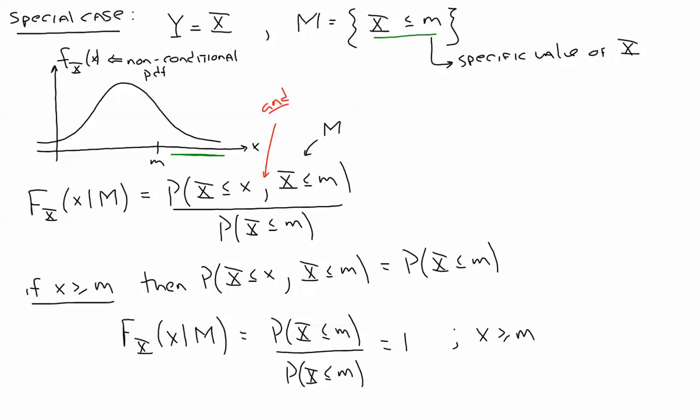What about if x is less than m? Still dealing with my special case here. If x is less than m, then the probability that X is less than or equal to x and X is less than or equal to m is simply the probability that X is less than or equal to x.